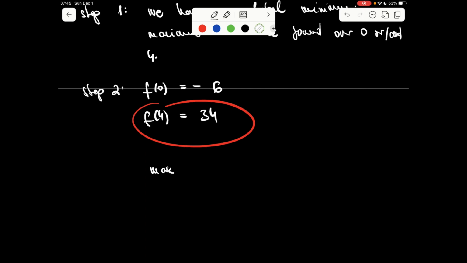So the max over the interval is 34. So once again, the proof was based on the Weierstrass theorem. We have a compact domain, which is closed and there are no holes in the domain, and the function is continuous. So all in all, it was problem 1.